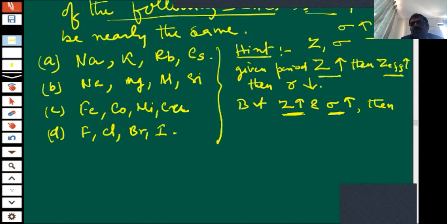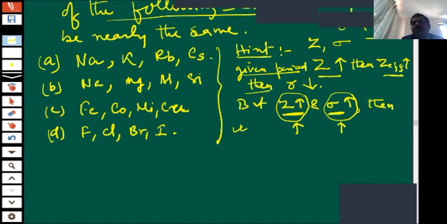So if both factors increase simultaneously in a period, whatever is decreased by Z is increased by sigma. First of all, we have to find out which elements are from the same period, and then we have to see the Z value and sigma value.